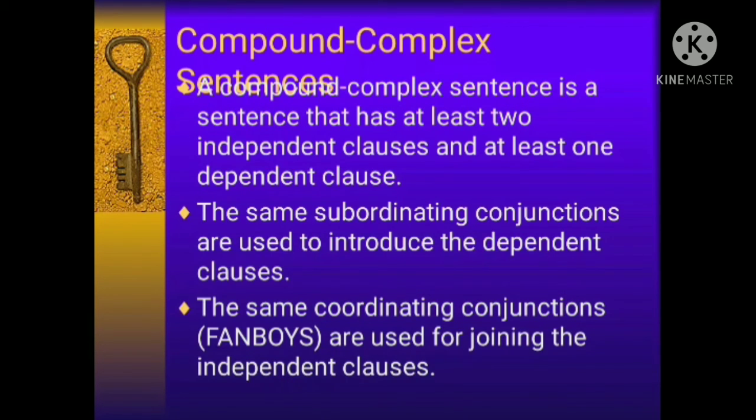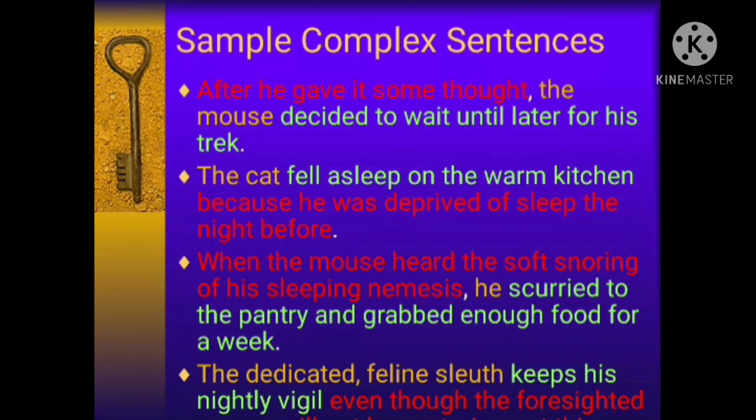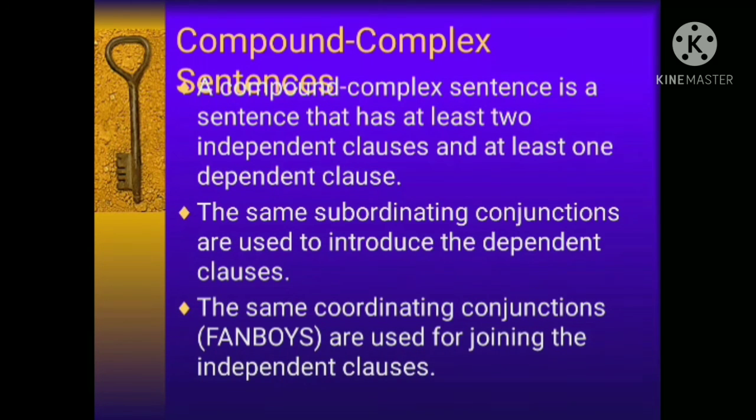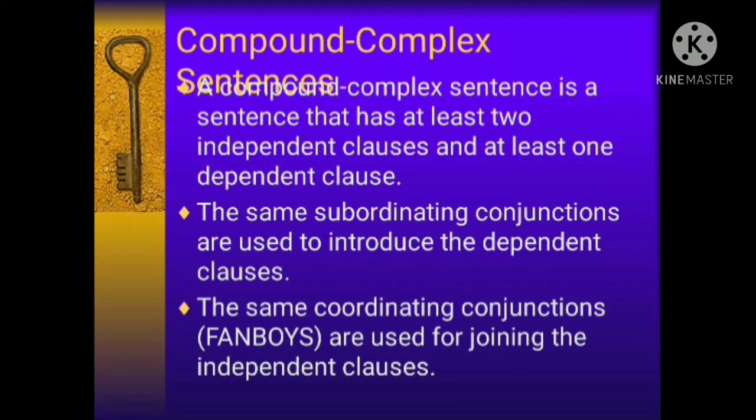So compound and complex may look the same, but they are different. Remember, a compound-complex sentence is a sentence that has at least two independent clauses and at least one dependent clause.